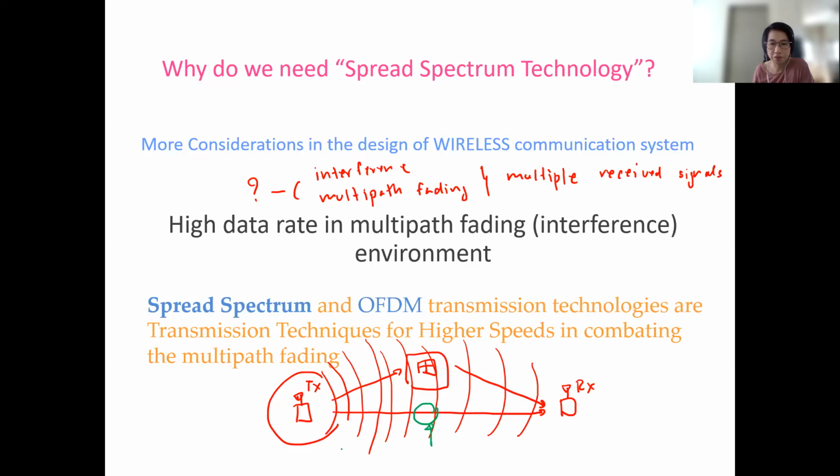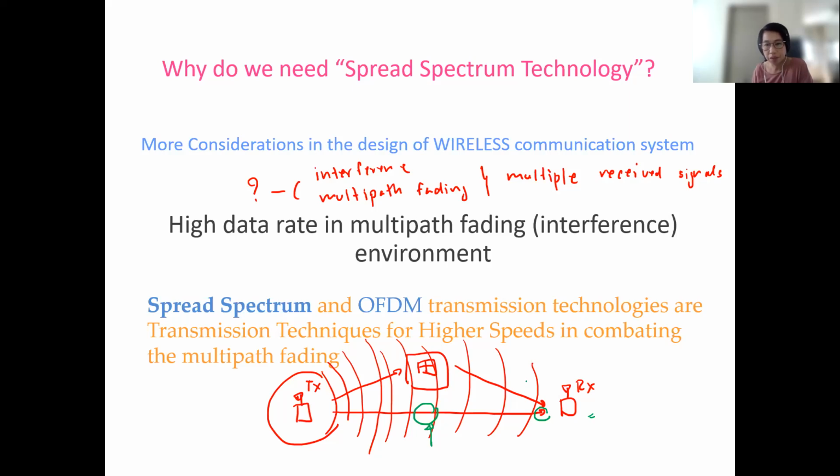But you know, the wave front can impinge on other buildings and then go to the receiver later on. So in this phenomenon, we have only one transmitter, transmitting only one signal. But the receiver can receive one shortest distance signal, and later it can receive the delayed ones, as Kan mentioned. So it can receive multiple signals at the receiver side.